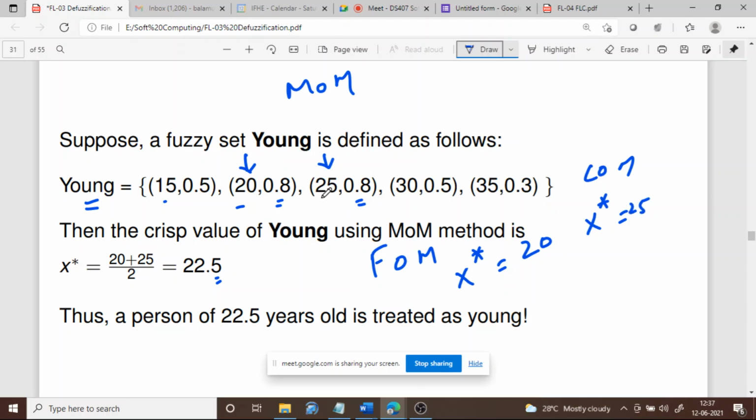So can you apply height method here? Is it possible to apply height method to identify the crisp value?